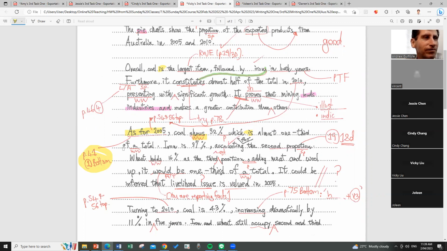You broke that rule. But you are using topic phrases, which is good, but don't repeat. Don't repeat 2005. What should she say, everyone? According to page 54 and 56. Looking at what?